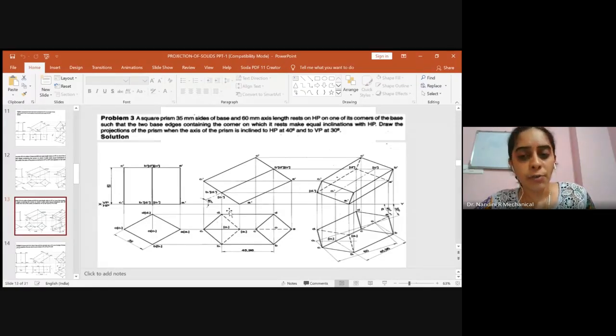So here first you have to see, since it is a problem on the axis, in which stage you are getting the true length of it. The true length of it is obtained in the front view. So you have to fix one point, either O or O1. Here, usually we fix O1, the center of the top surface. So the center of the top surface is this, right?